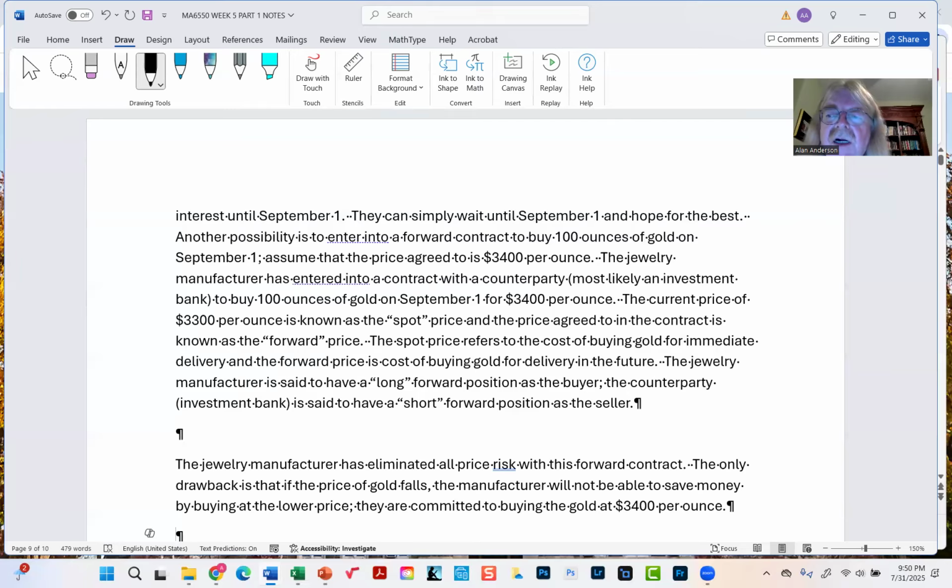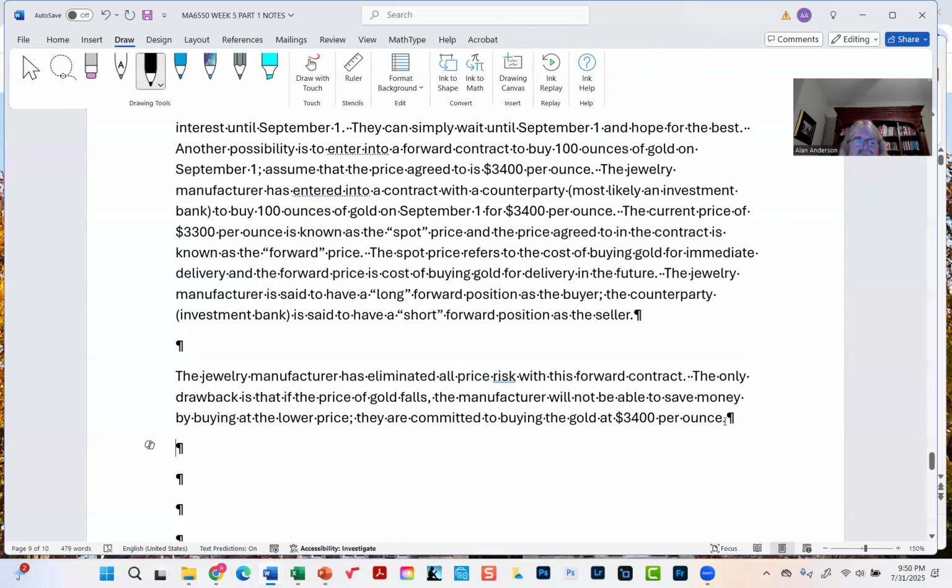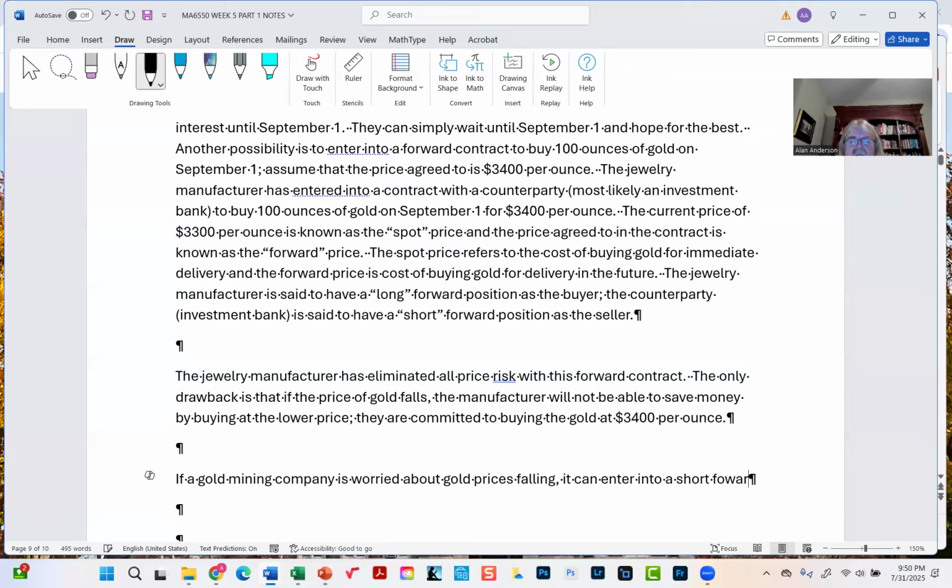Now, if a gold mining company is worried about prices falling, it can enter into a short forward position to sell gold at the forward price of, let's say, we'll keep the same example, 3,400 per ounce on September 1st.